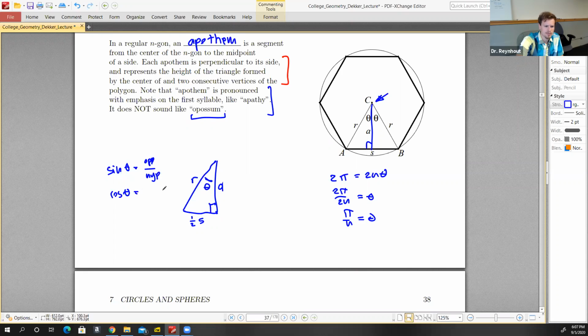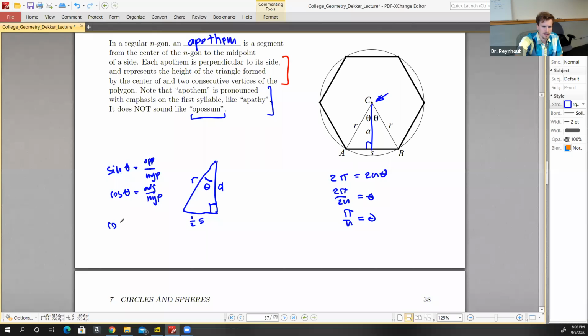Cosine of theta would be equal to the adjacent over hypotenuse. And that would be what we need here, right? So if this is theta, r is the hypotenuse, a is the adjacent side length, and 1/2 s is the opposite side length. So we want to use cosine of theta to identify a.